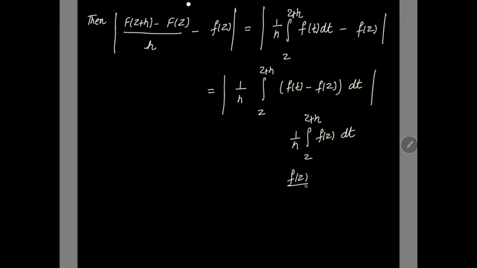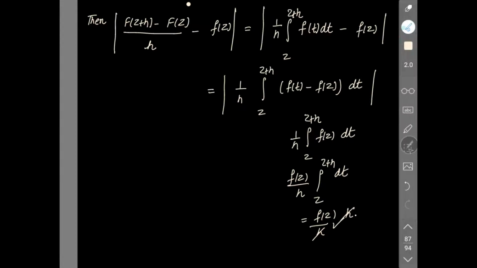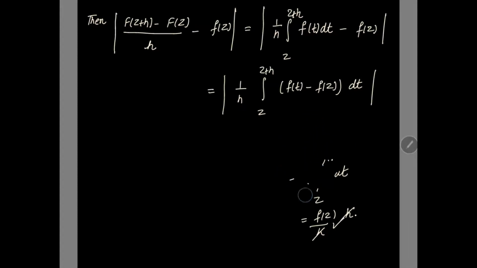So this is f(z) over h integration from z to z plus h of dt. This is equal to f(z) over h, and this is h. So this cancels out, we are left with f(z). That is what is written over here. So when you solve this, you will get back to your previous equation. So we can take f(z) inside the bracket.